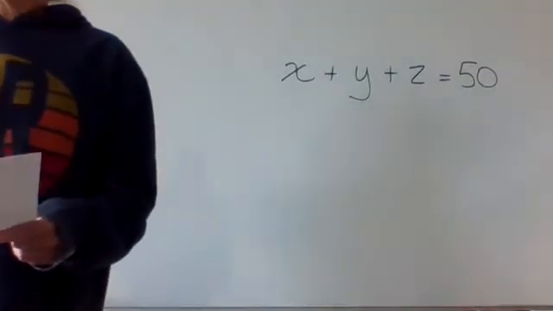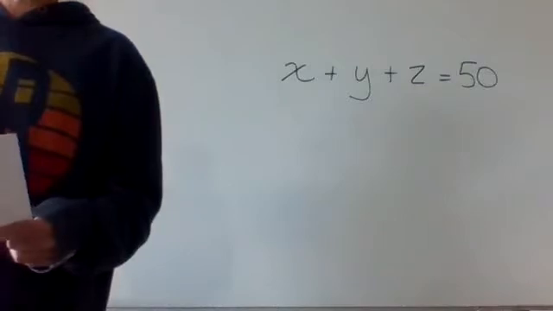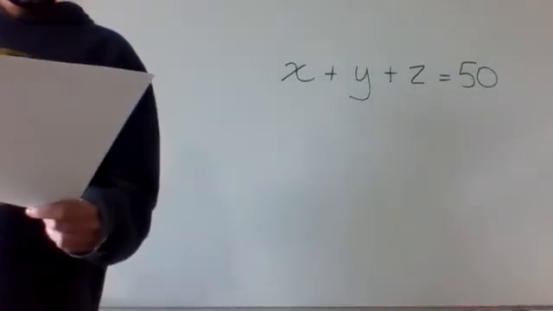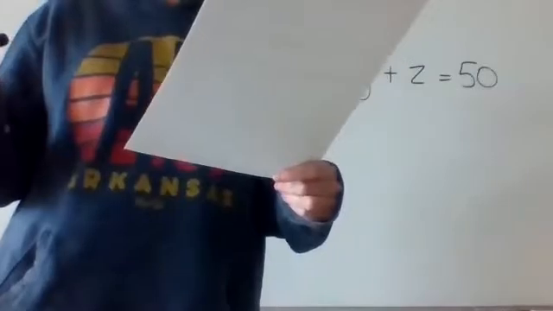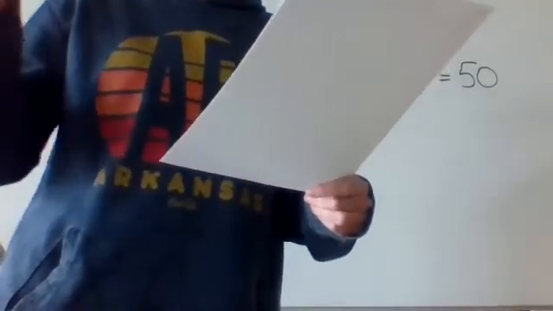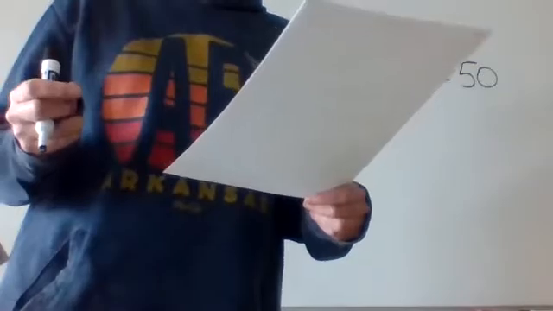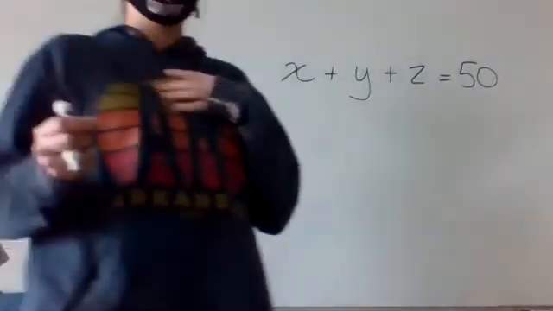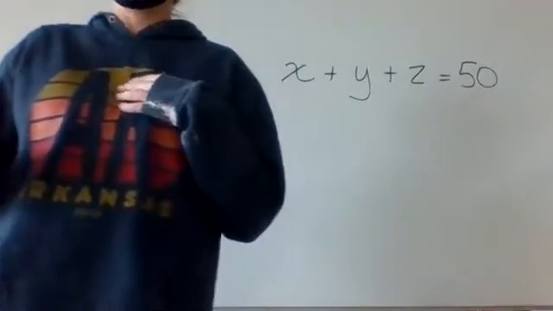Now, number 2 is a little more tricky with its words. It says the first number is 50 more than the sum of the other 2 numbers. I like to figure out where my equal sign is going to go first.